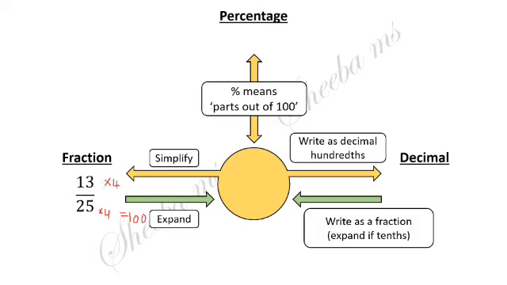What is 13 4 times? It is 52. So 52 by 100. Now 52 by 100 means 52 percentage. And 52 by 100 in decimal form, two zeros are here. So two decimal places after the decimal point. So 0.52.